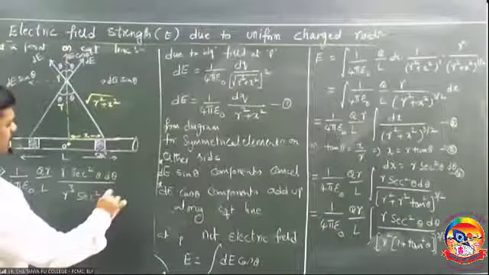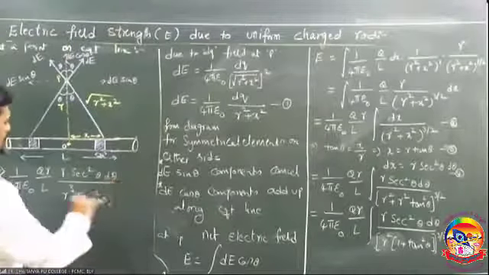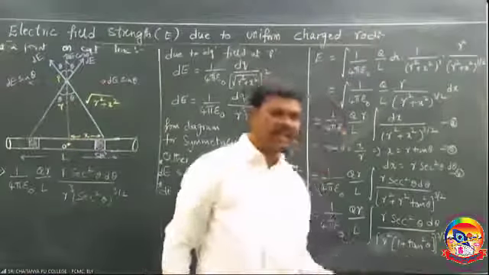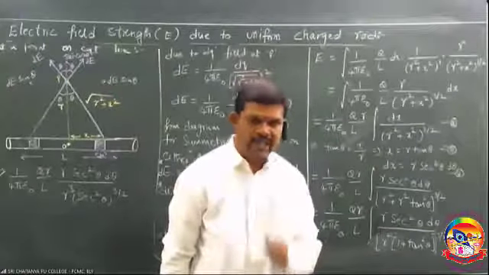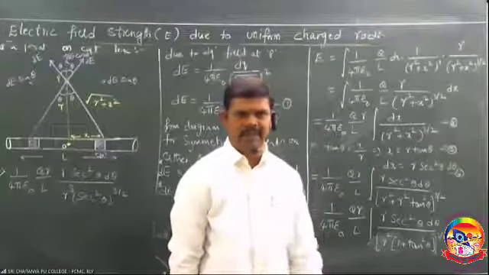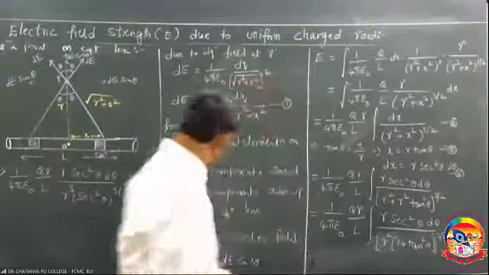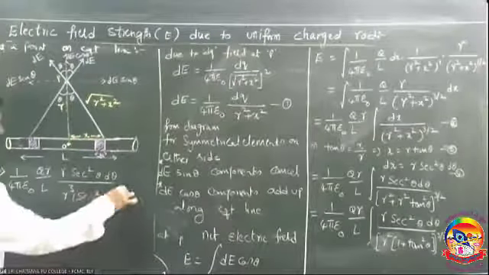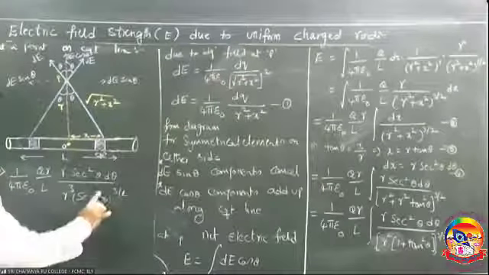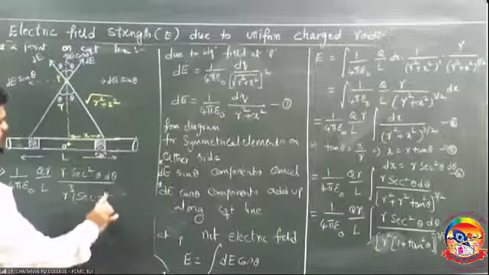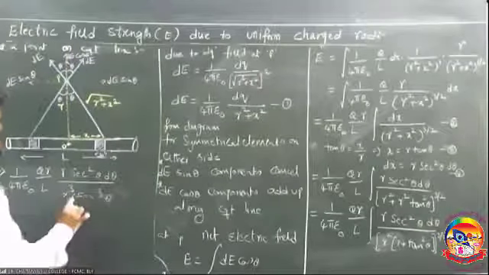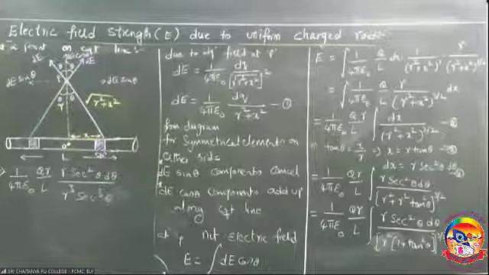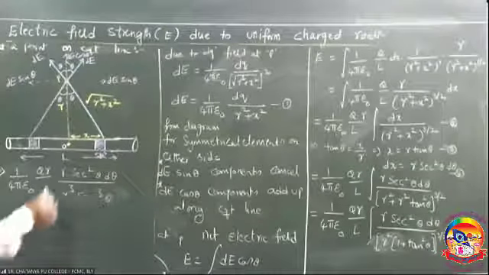This is a formula from trigonometry, I think you know it well. So secant square theta power 3 by 2, the 2 gets cancelled. Then what can we write? Secant cube theta. Right? Any cancellations you can see?